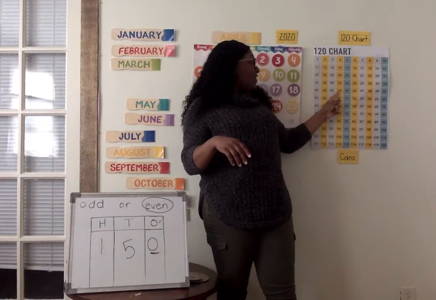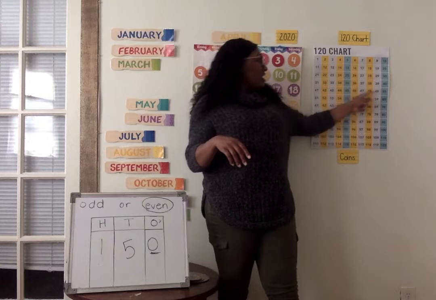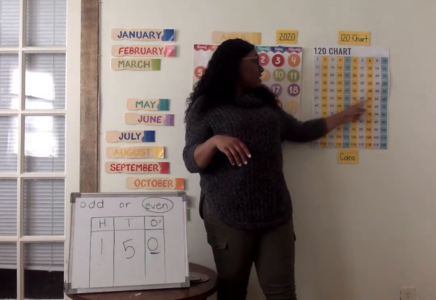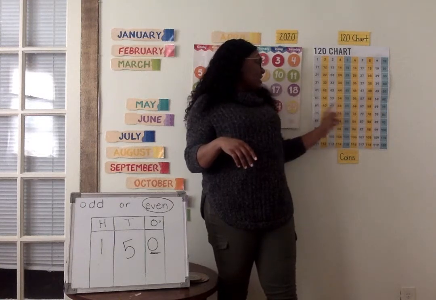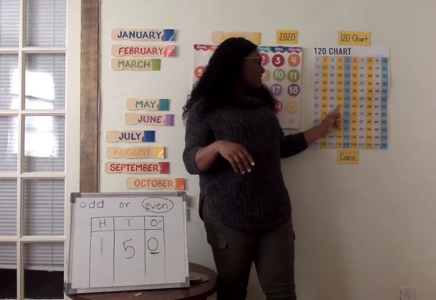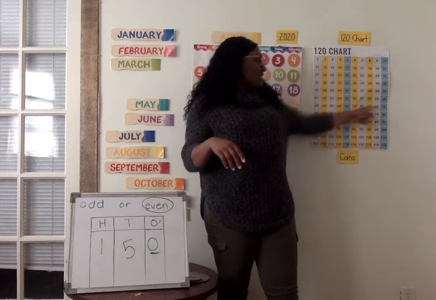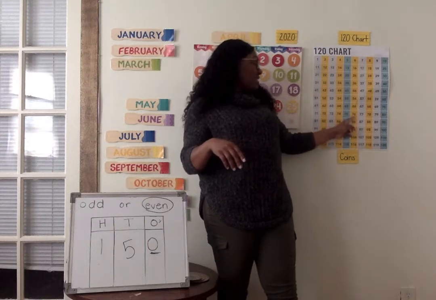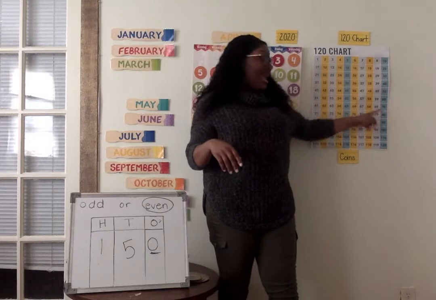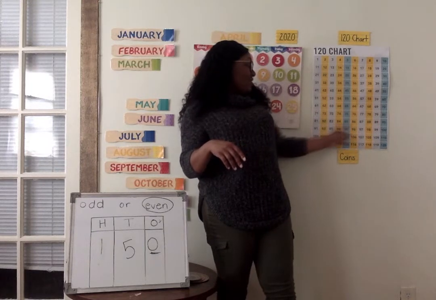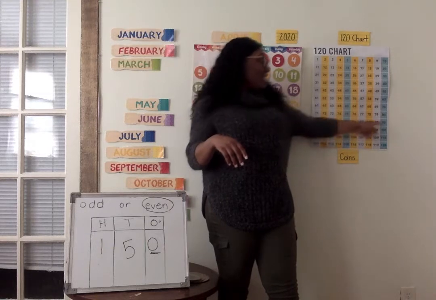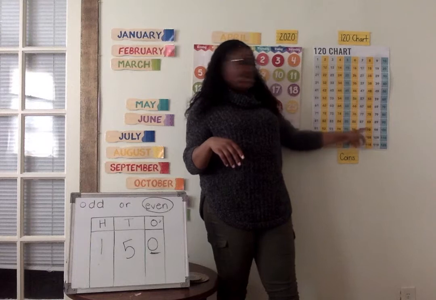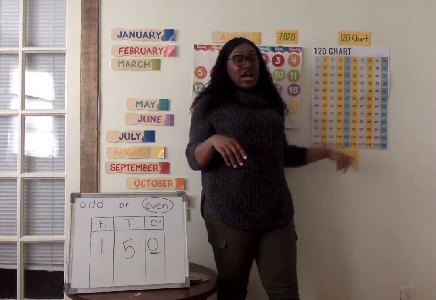Keep going. 44, 46, 48, 50, 52, 54, 56, 58, 60, 62, 64, 66, 68, 70, 72, 74, 76, 78, 80, 82, 84, 86, 88, 90, 92, 94, 96, 98, 100.